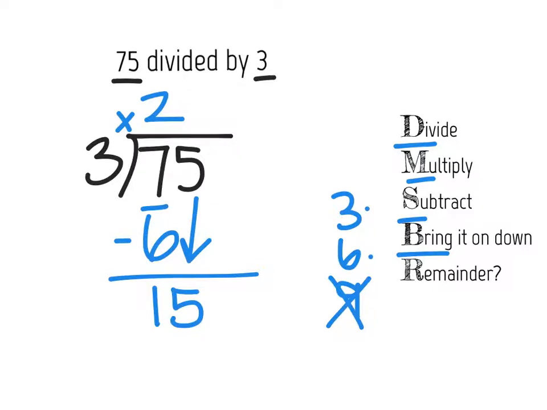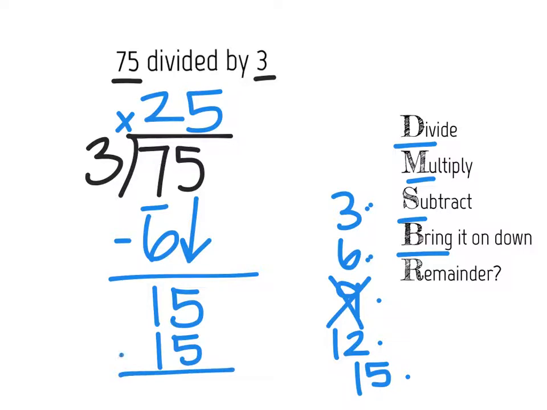So let's see, 3, 6, 9, 12. Another 3 would be 15. Okay, so 1, 2, 3, 4, 5. Okay, multiply. 5 times 3 is 15. Subtract. Bring it on down and bring it on back.